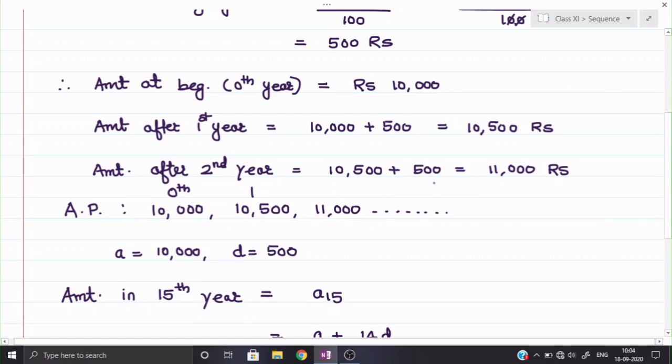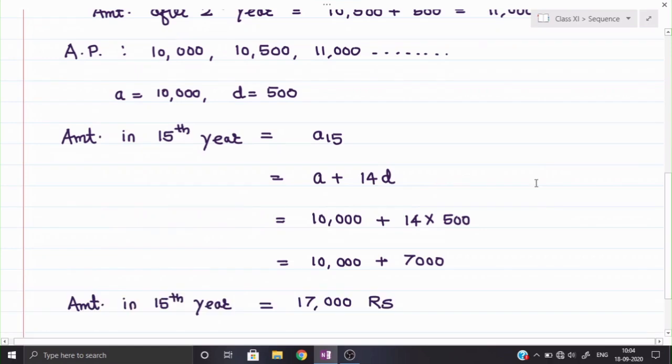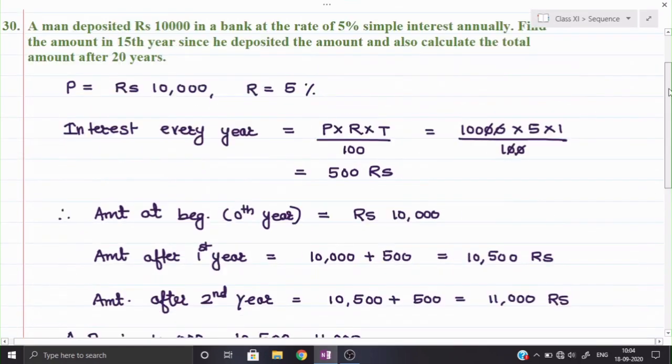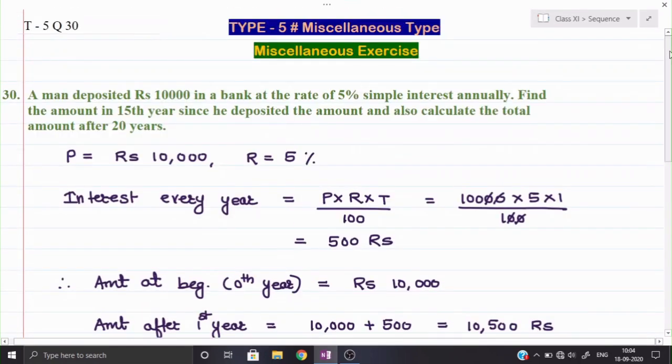But when you say I require the amount after 20 years, the total 20 years are over. Okay, means 20 years are over, so we can say that I require the amount in the 21st year, means the 21st year is running, the same way the 15th year was running.